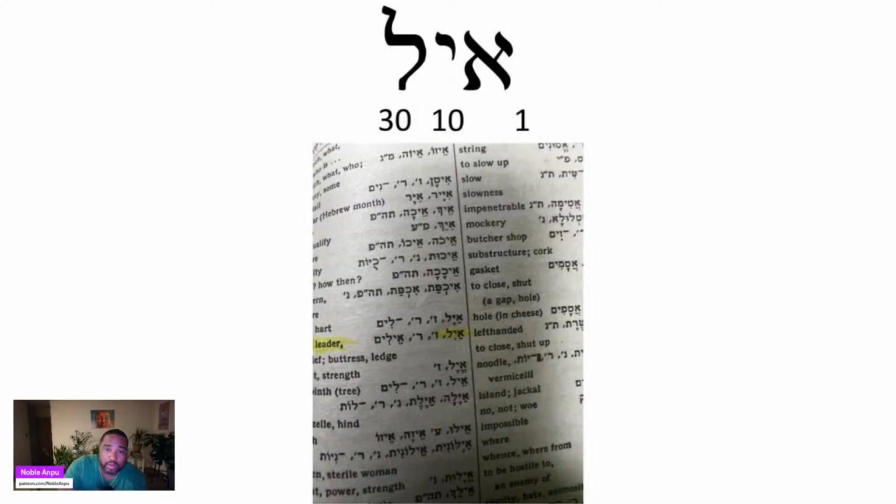We're going to get there because I showed you that Chicago sits 41 degrees north of the equator. But when you take it to the Kabbalah and you look at 41, you see 41 highlighted. What does it say? It says leader. Really? So the word is Eol, A-I-L, or Iol, A-I-L. It equals 41, and that means leader.